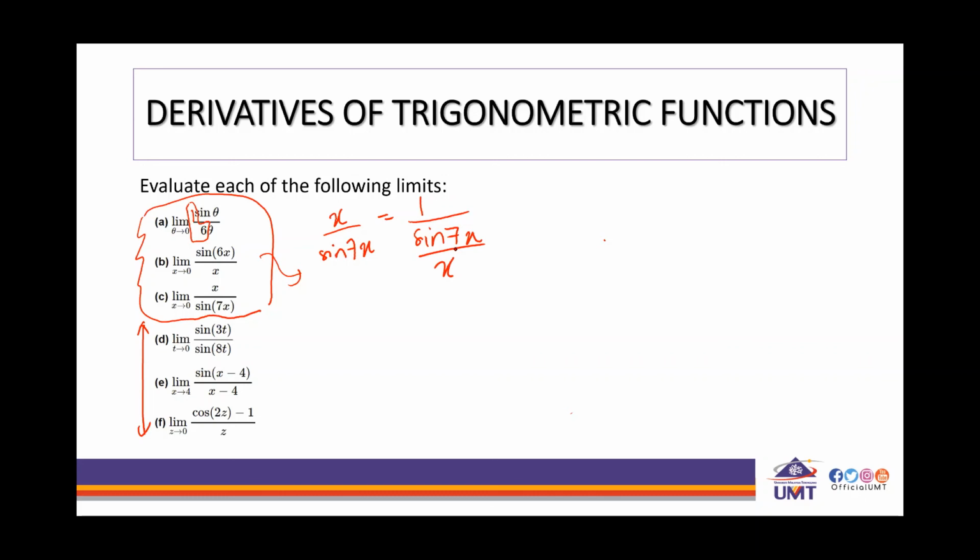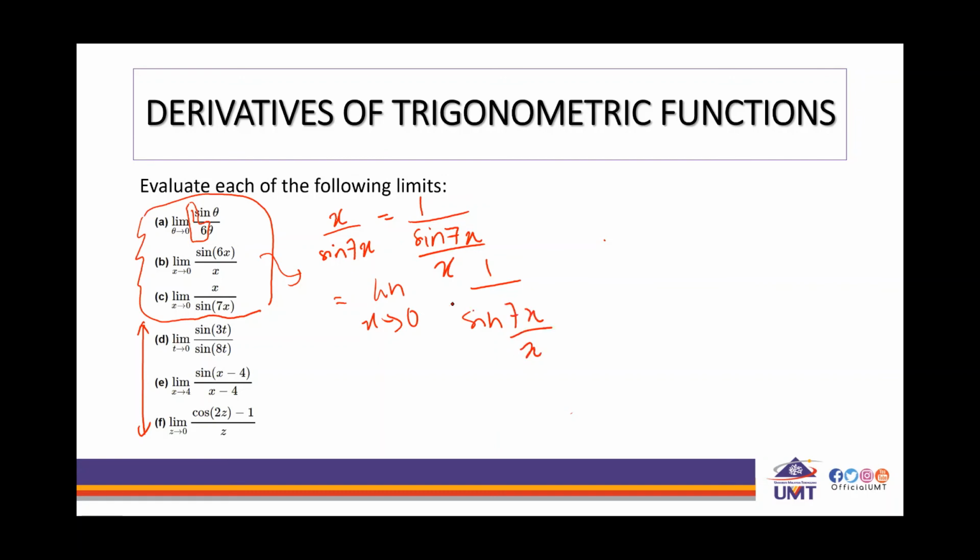That is what you need to twist. Because if you put it back to the original, it will be x over sine 7x. So this is the same. So we find the limit, x approaching 0, of 1 over sine 7x over x.